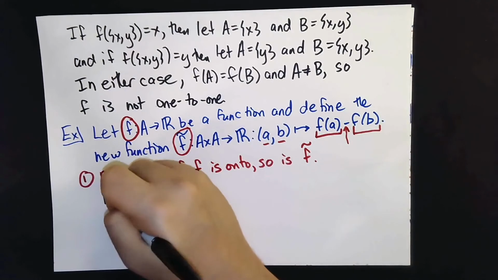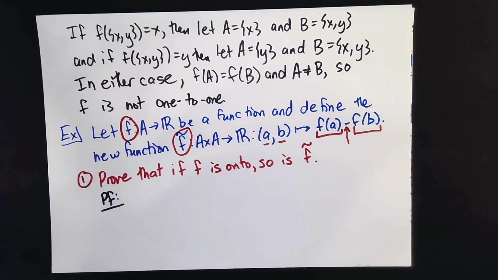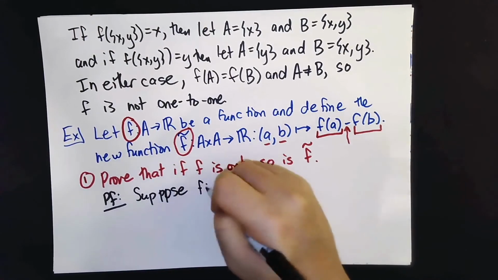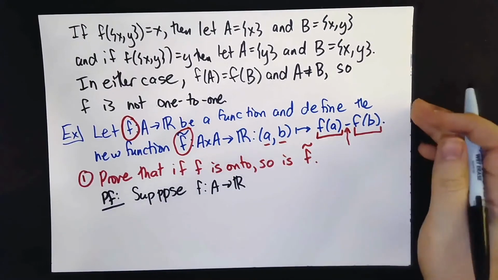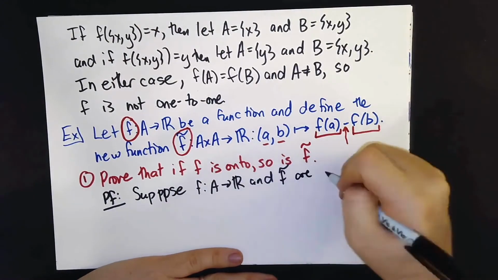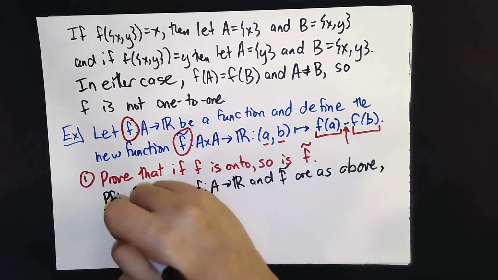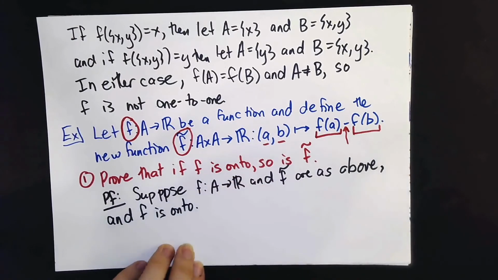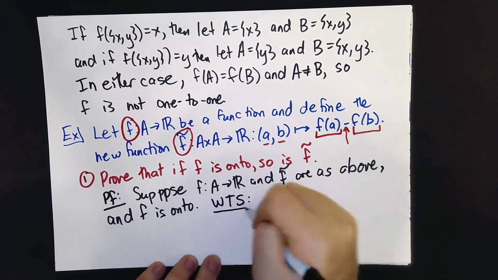To start the proof, we need to suppose all the if stuff, so we're going to suppose f from A to R is a function. So I'll just say f from A to R and f twiddle are as above, and f is onto. Okay, so what is it we want to show?